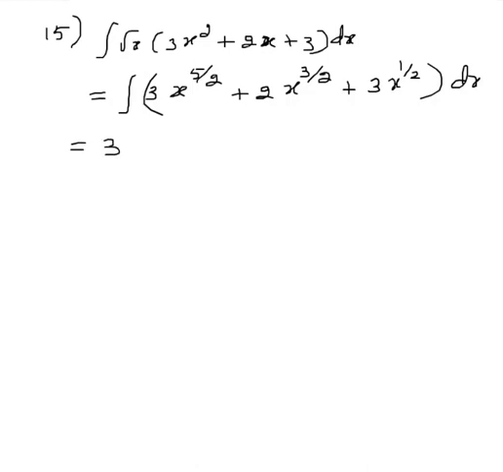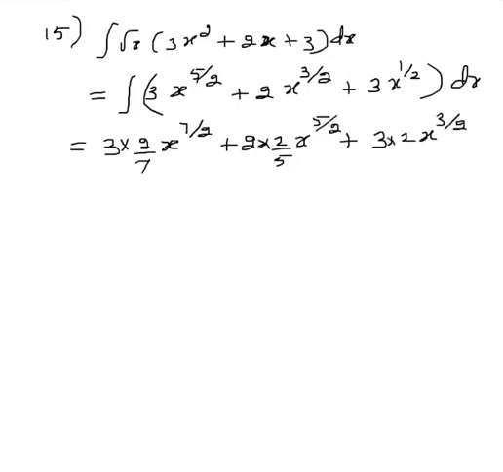Let us integrate each term. 3 is a constant. So 3 times integral of x power 5 by 2 using x power n plus 1 by n plus 1 formula. 5 by 2 plus 1 becomes 7 by 2 divided by 7 by 2, which is into 2 by 7. 2 times x power 3 by 2 plus 1 will be 5 by 2 into 2 by 5, plus 3 times x power half plus 1, which is 3 by 2 into 2 by 3, and plus c.